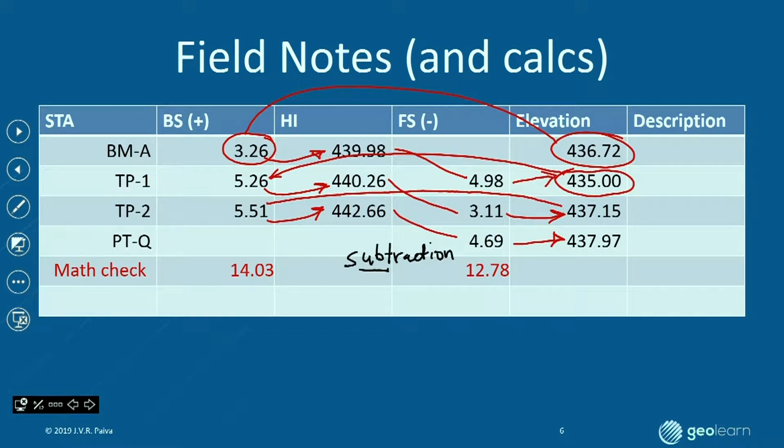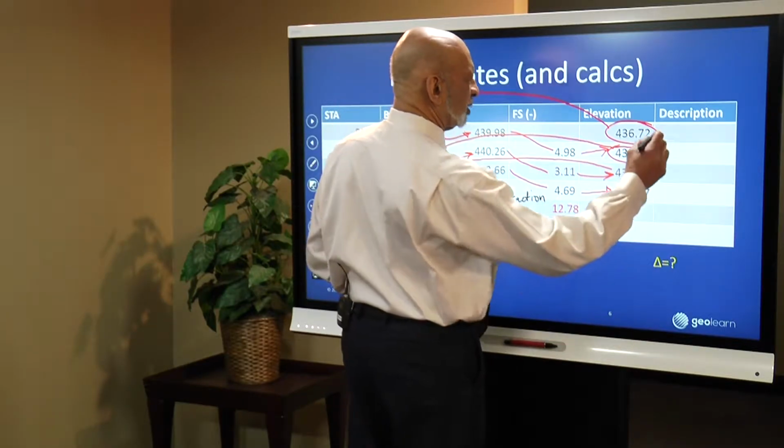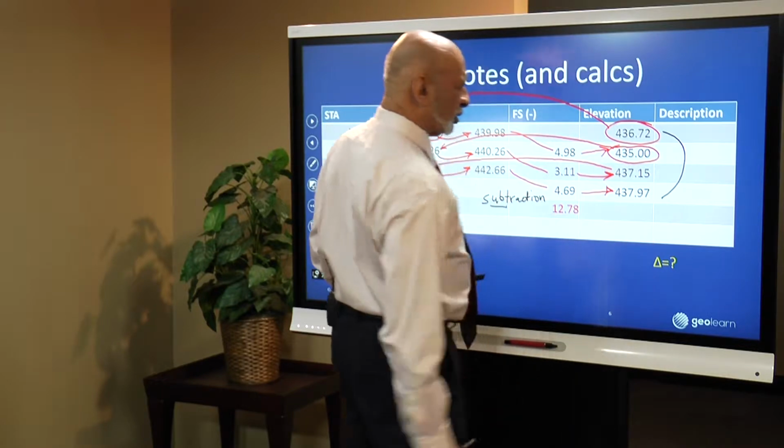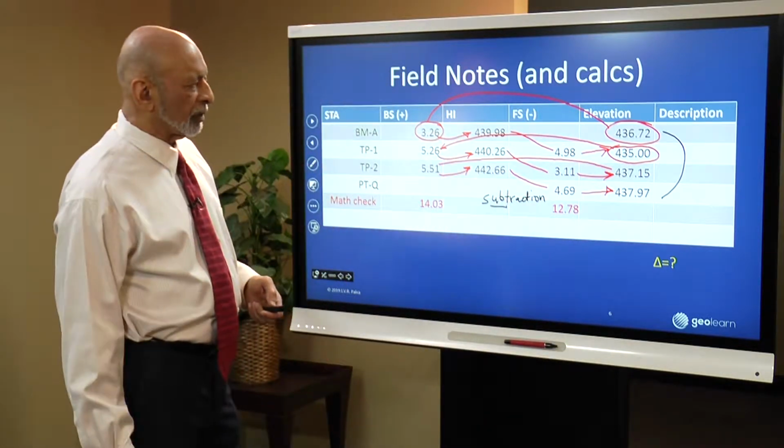And because the foresights are negatives, remember the negative sign in the parentheses, what we always do is subtract the 12.78 from the 14.03 because we then compare that to this delta, and when I say this delta, I mean the delta between our starting elevation and our ending elevation.